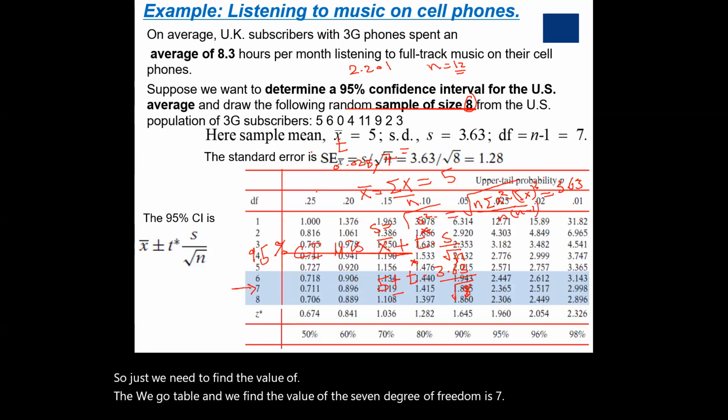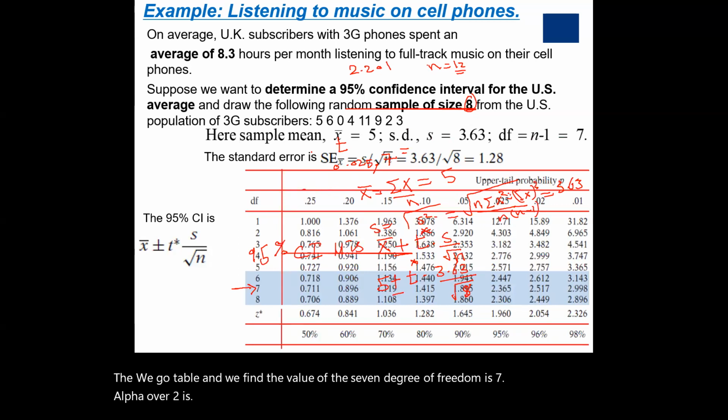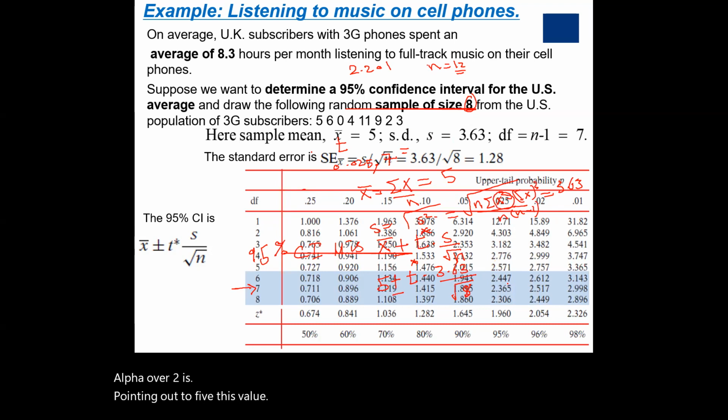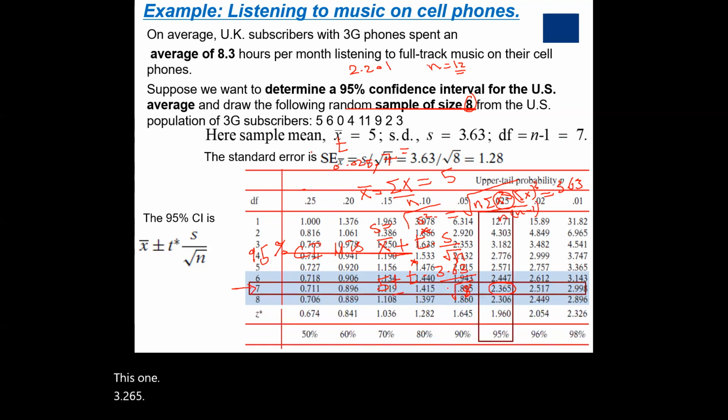Alpha over 2 is 0.025, this value. So this one, 2.365.